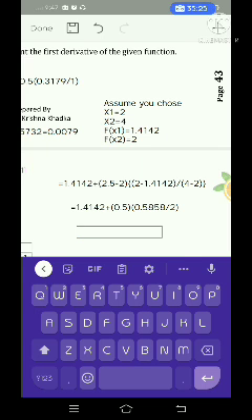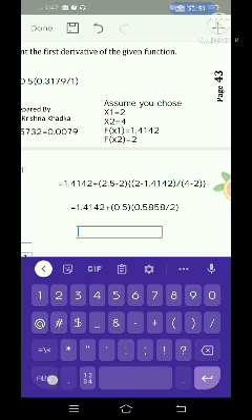That is 1.4142 plus 0.5 times 0.5858 divided by 2.